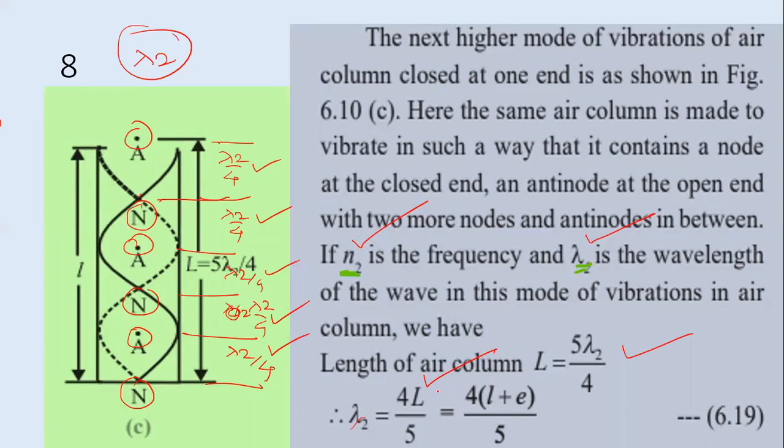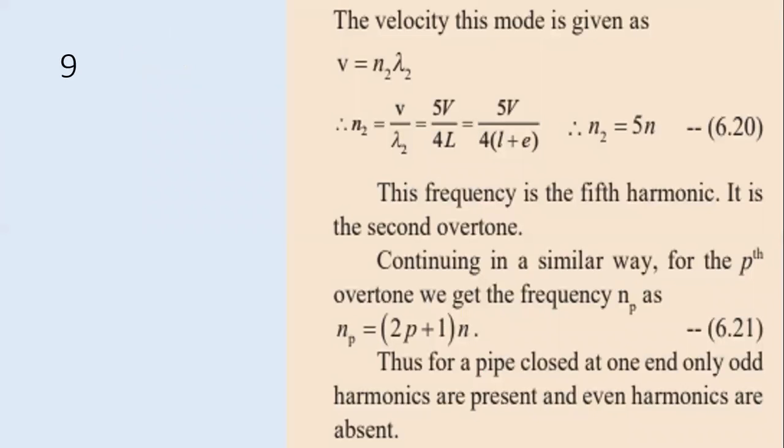The value of this capital L will be small l plus e. So lambda 2 is equal to 4 into bracket small l plus e divided by 5. The velocity in this mode is given as v is equal to n2 lambda 2. Therefore, n2 will be equal to v divided by lambda 2.